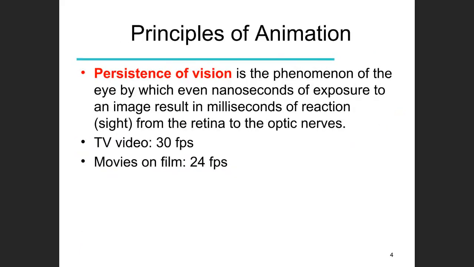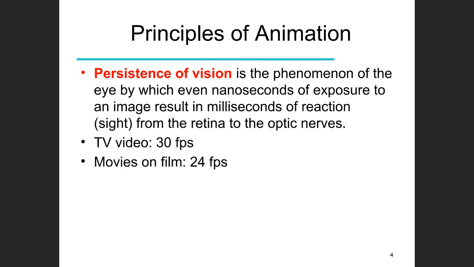Now there is a principle for animation which is called the persistence of vision. What is the persistence of vision? Persistence of vision is the phenomenon of the eye by which even a nanosecond of exposure to an image results in a millisecond of reaction or sight, which we can see from the retina to the optic nerve.